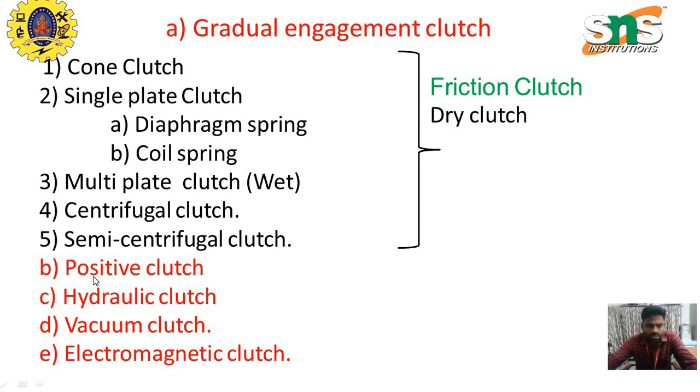Then there are the positive clutch, hydraulic clutch, vacuum clutch, and electromagnetic clutch. These are the other types of clutches, which we can use for our desired requirement, so the clutches vary based on our requirement.